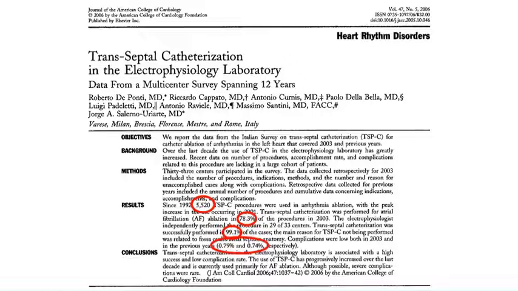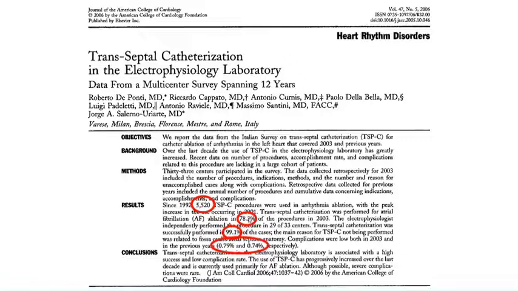First consideration, this was a survey that we undertook more than 10 years ago in Italy, and we collected more than 5,500 procedures of transseptal catheterization. You see that almost 80% of those procedures were performed for atrial fibrillation ablation.